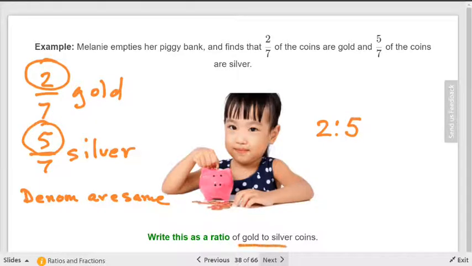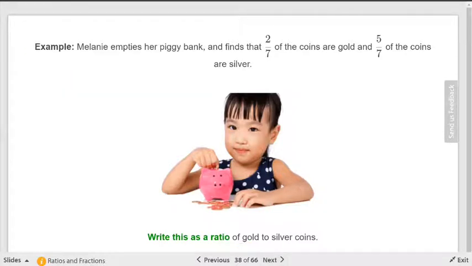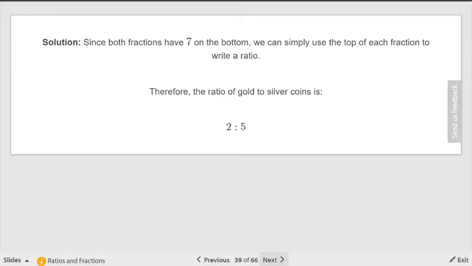Okay? Writing it as gold to silver. Pardon me? Does the two numerators have to add up to 7? Yes. Or else it's not a ratio. Okay? So all you need to do is make sure that the denominators are the same and then write the numerators as your ratio. So therefore 2 to 5.